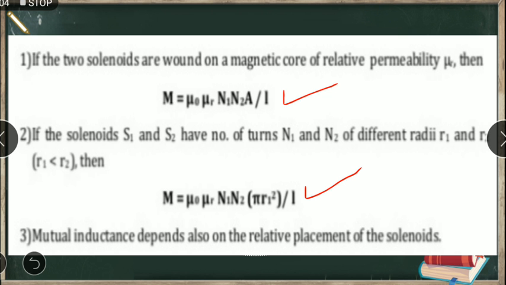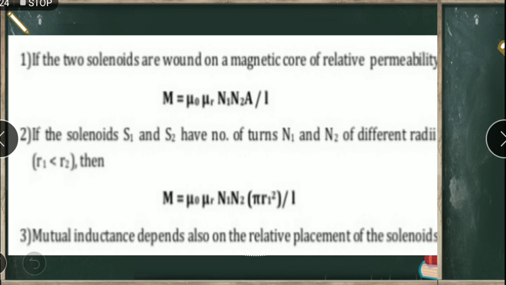In the next class, let's see some problems on the mutual inductance of solenoids and the mutual inductance concept, and a small concept regarding the generator and the expression of the EMF induced in a generator. Okay, I'll stop here.